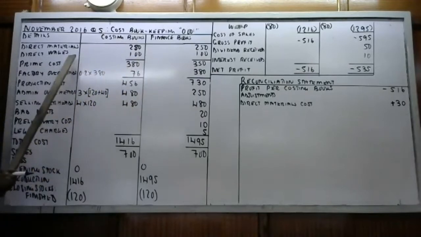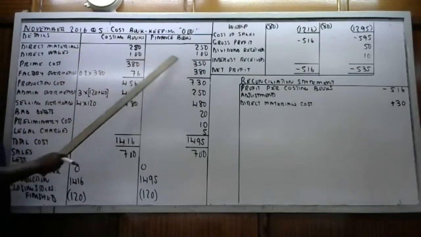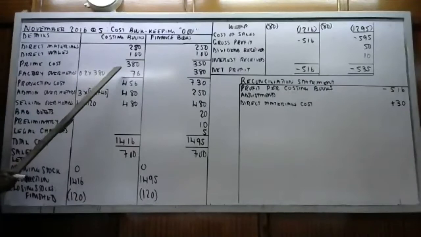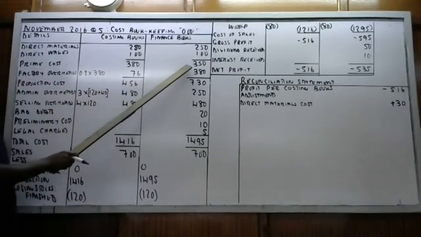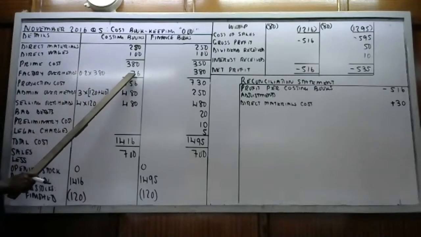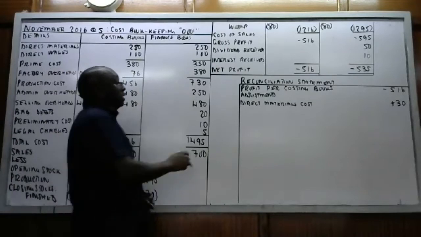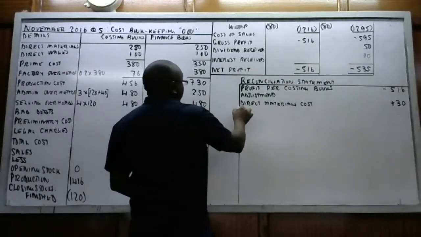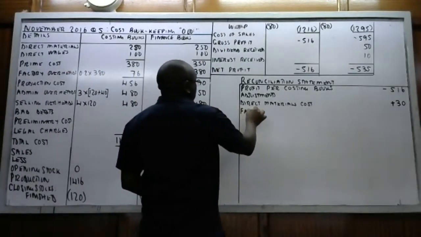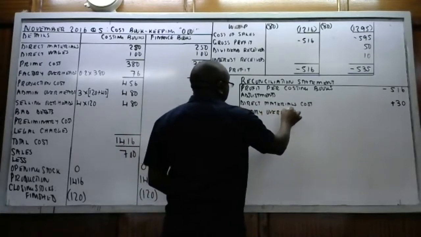Yule mwingine, you go item by item. Direct materials, direct wages, zinafanana. More different. So hizi totals you don't take. Kuja kwa overhead. Naona watu wa cost walitumia 76 au wengine wakatumia 380. So factory overhead costs.